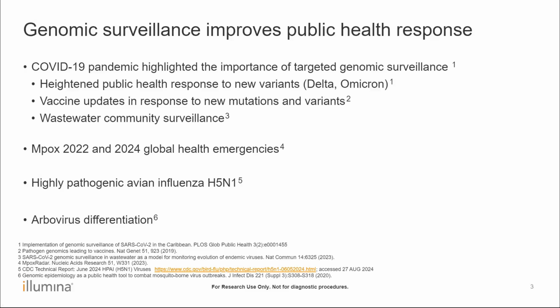Genomic surveillance has continued to impact public health responses in 2022 and 2024 during the Mpox global health emergencies. It also played a large role in monitoring the highly pathogenic avian influenza global outbreak, the H5N1 strain. And it's very helpful in arbovirus differentiation, looking at things like dengue and chikungunya.